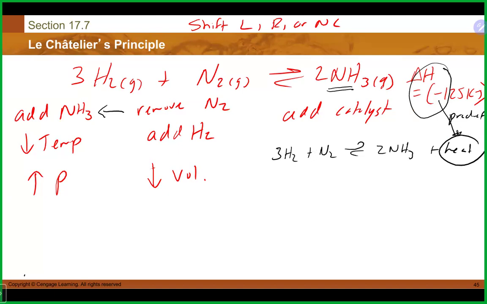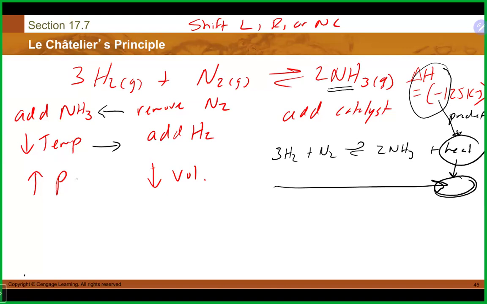Now that we know it's on the product side, I'm going to decrease it. Remember that when we remove it, it will create a hole on that side that we need to fill, and it will go towards the hole, so it should shift to the right in this case. Obviously, if we increase the temperature, it would do the opposite. It would shift to the left. Any questions on that one?